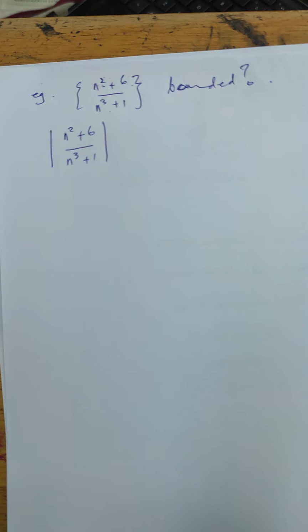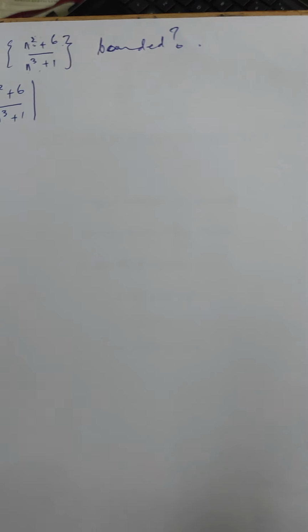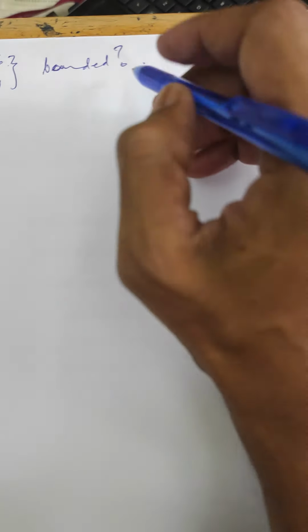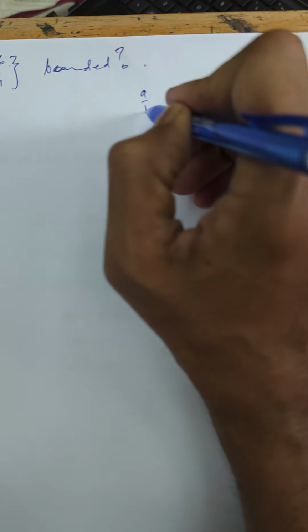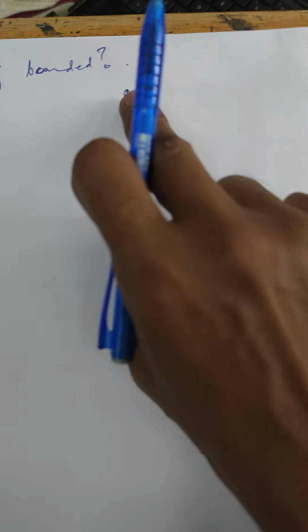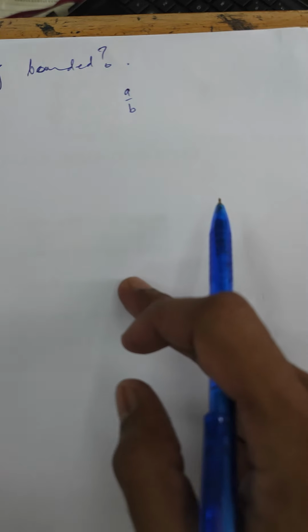Now, one thing that I want you to be aware of: if you have a over b, and you increase a, then definitely the term you get is bigger than the previous one.